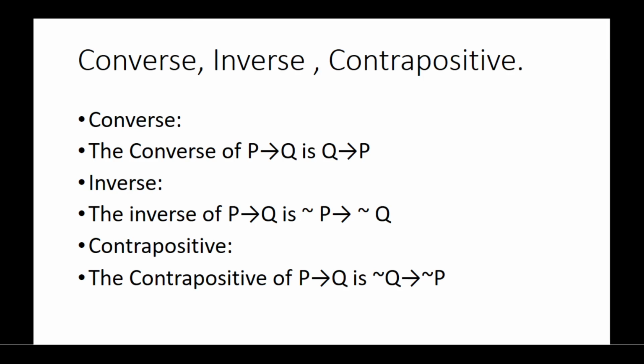Next we come to inverse. The inverse of a given conditional is a new conditional whose antecedent is the negation of the original antecedent and whose consequent is the negation of the original consequent.